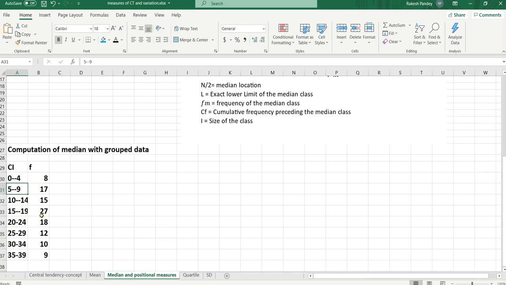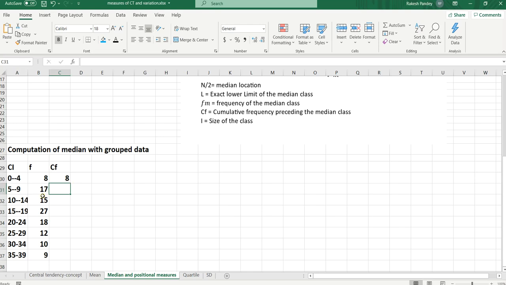So for computing median, the first thing that is required is computation of the cumulative frequency, CF. And cumulative frequency is computed by adding the frequency. So for the first, there is nothing to add. So the first CF is 8.